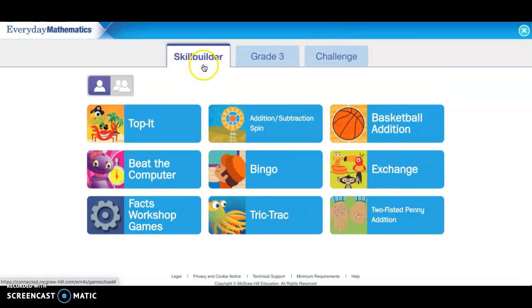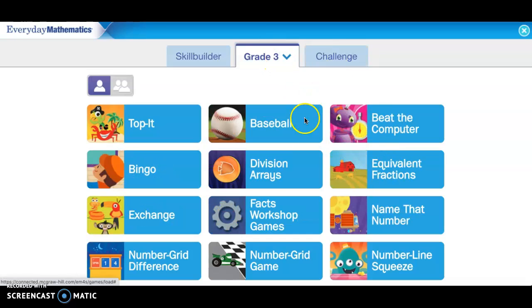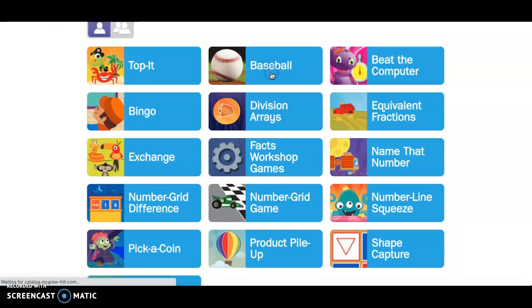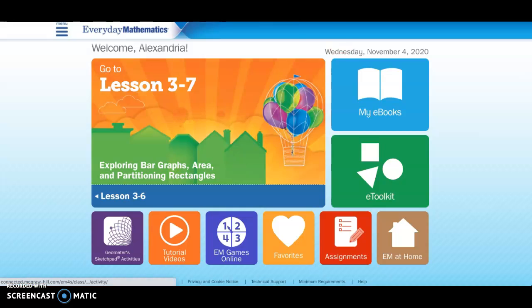You could click on any of these tabs. You could click the challenge tab, whatever you would like. These are all games that you can play and they're great. You can use addition facts, multiplication, addition, extended facts, multiplication, all really good things for you to be using and practicing.